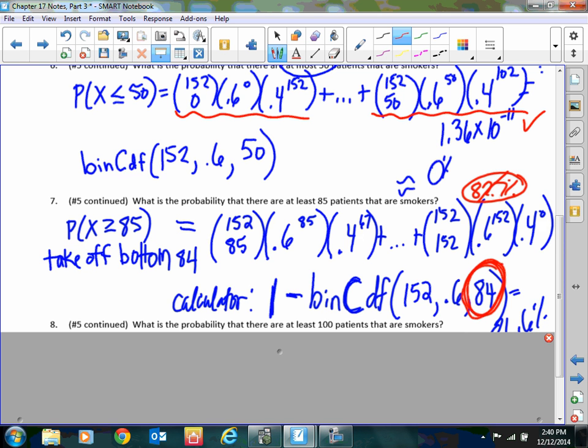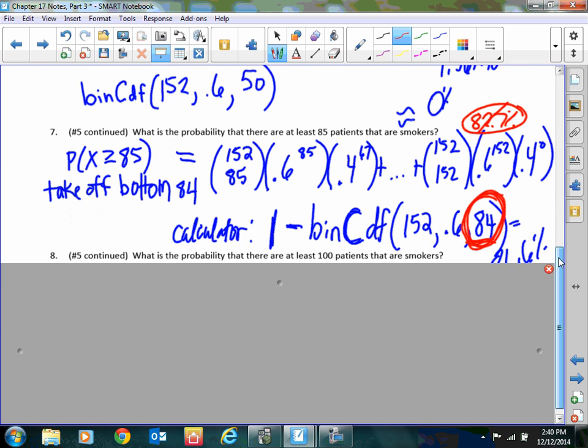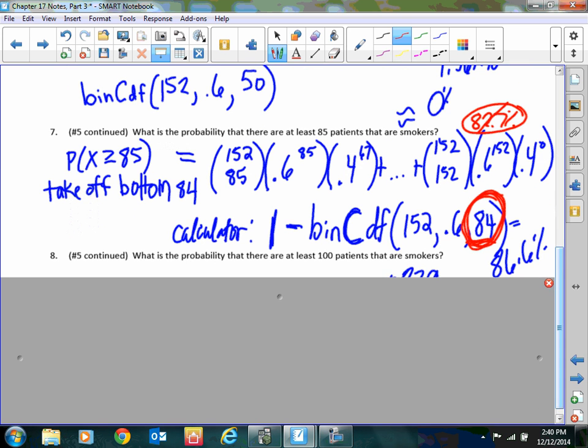That means you would be taking off the bottom 85. But you do not want to take off the bottom 85. You want to take off the bottom 84 because you want 85 and above.